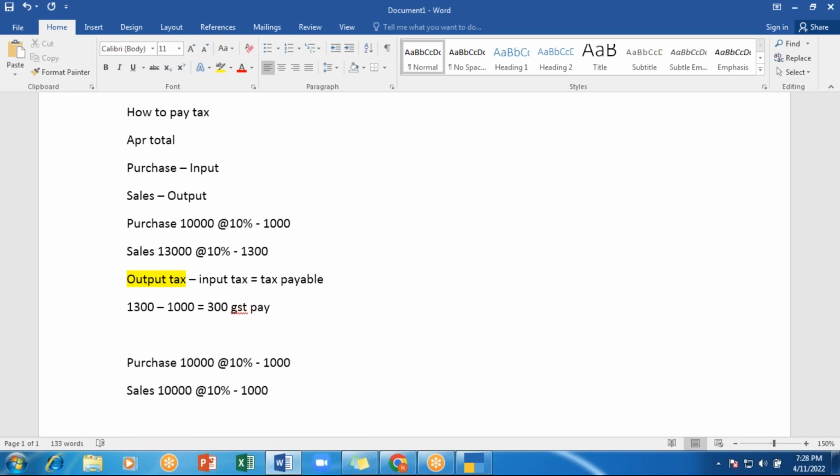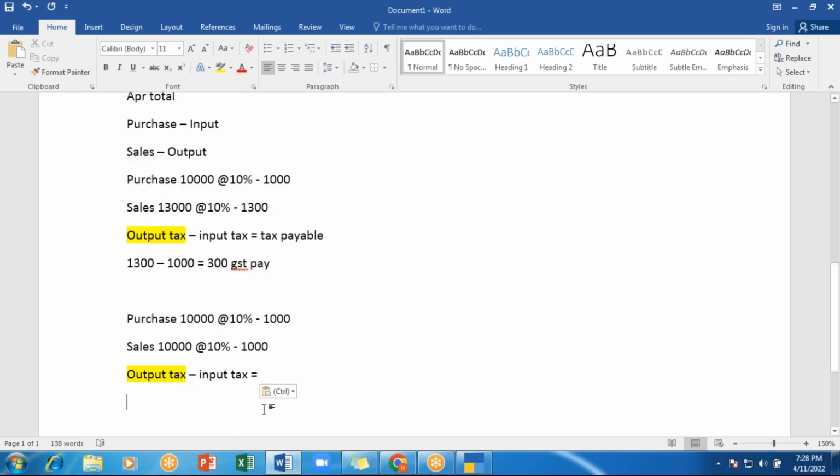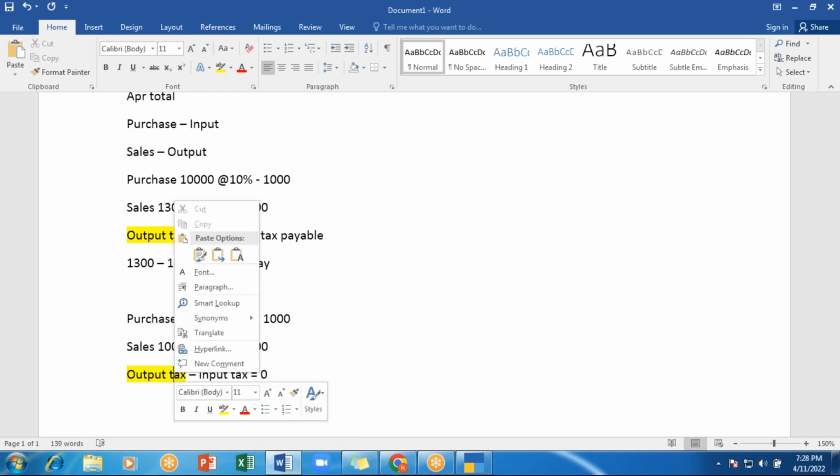So I paid a tax of 1,000 and I have collected 1,000. When I do output minus input, what will happen is I don't have any money to pay. That is becoming 0.